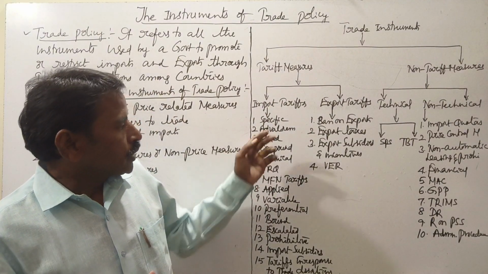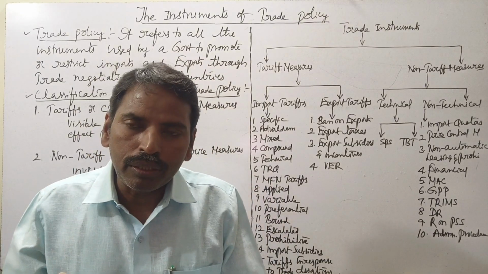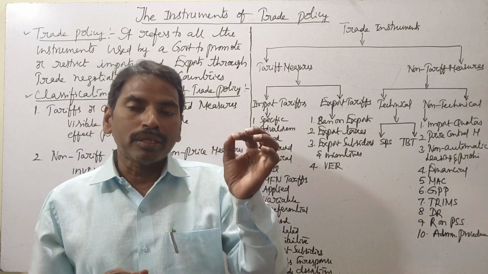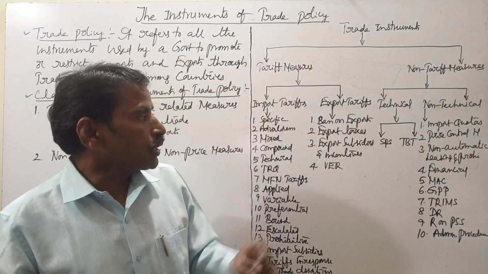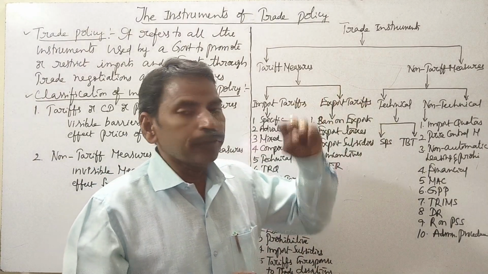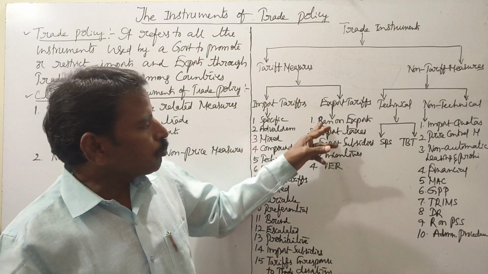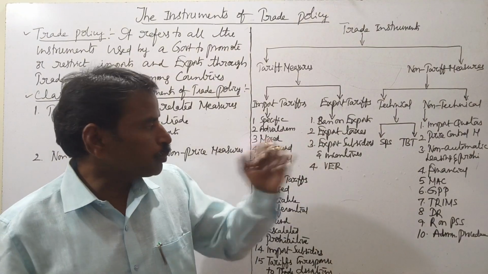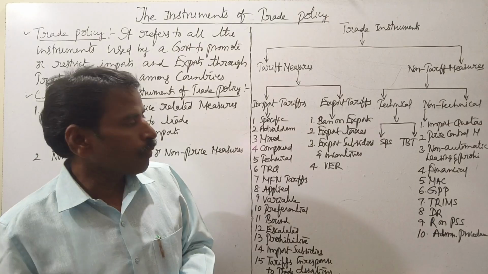Next, export tariff. What is the meaning of export tariff? A tax imposed by the government on exported goods. That is called export tariff. Again, one is ban on exports. Second one is export taxes.